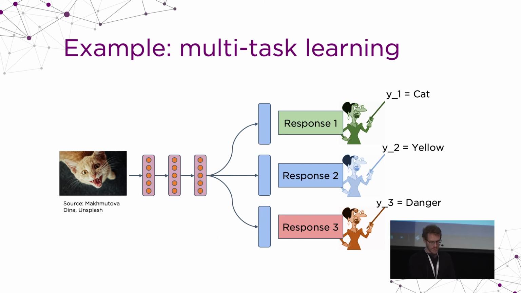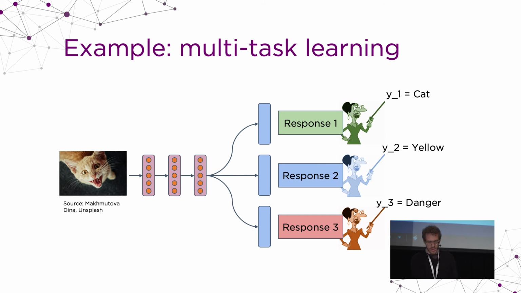And by doing so, the representation must preserve all the features relevant for all the tasks together. So maybe the features of the color of the object will in some way help the first task to detect the object in the image. By training simultaneously on the 3 tasks, maybe I will have better features that will work well for all my tasks.